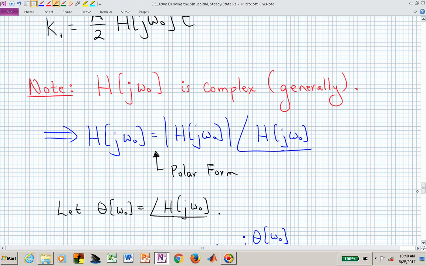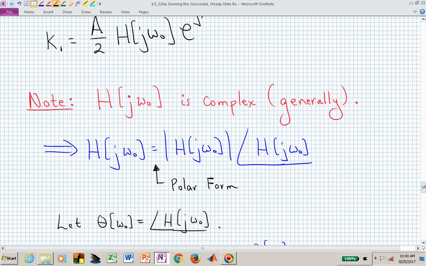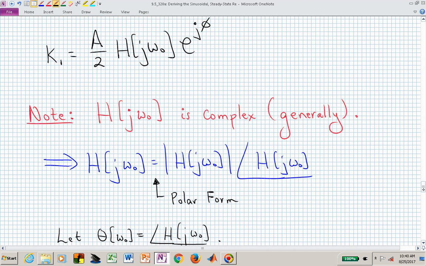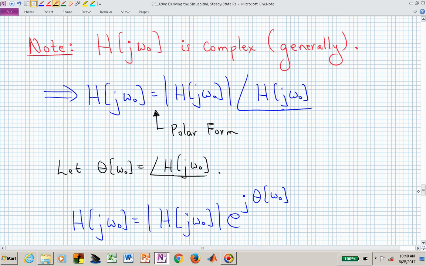And let's also define this angle of H as a theta, so that we can maybe clean this up a little bit more. So that now we can rewrite K1 using this polar form version of H, the complex number. So H of j omega naught is magnitude of H, j omega naught, e to the j theta.